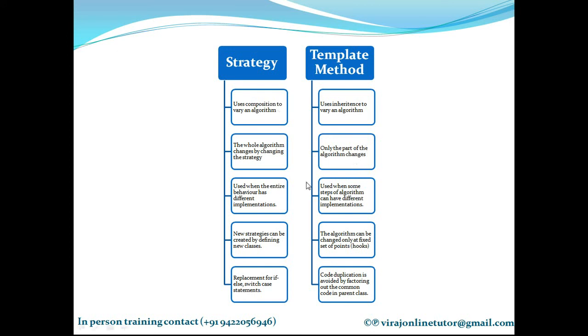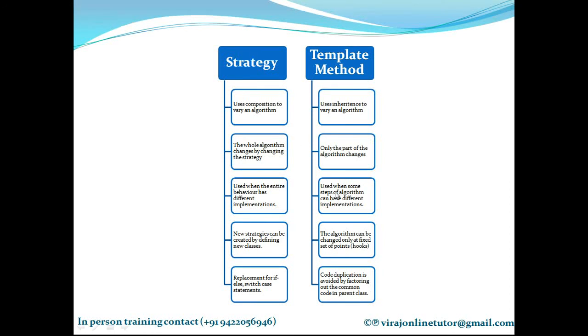So only the part of the algorithm changes in template method design pattern. In strategy pattern, it's used when entire behavior is different implementations. Shell sorting, the way it is implemented is totally different from the way bubble sort is implemented. So strategy is used when entire behavior has a different implementations.